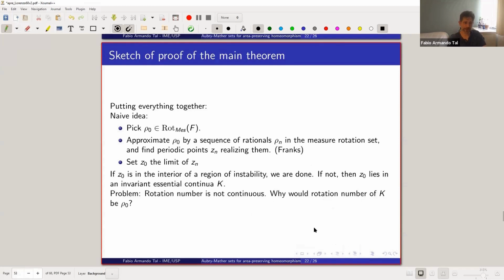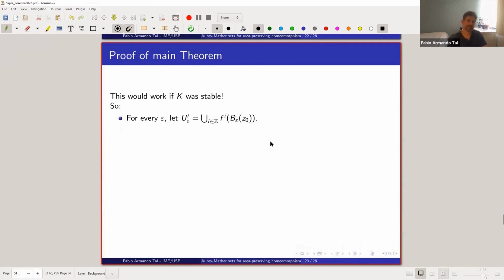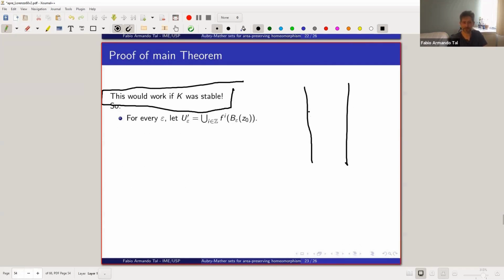This would only work if my K was stable. Why? Because if K is stable, meaning that any point that starts close remains close, then there is a sequence of invariant regions which contain K. Since I know everyone here moves with the same speed, sufficiently close, everybody needs to move with a speed which is comparable to the speed that we had before, so that the rotation number cannot be large.